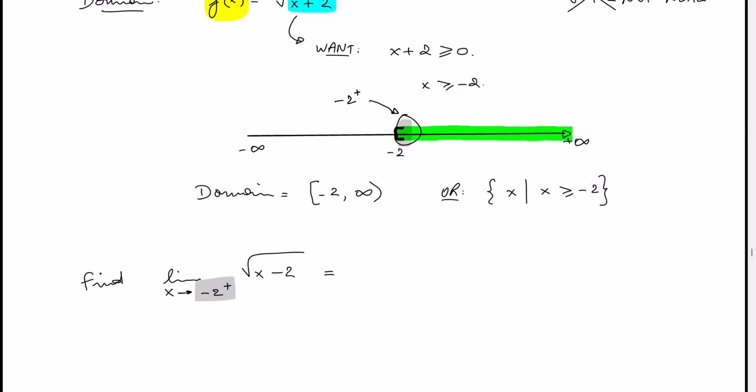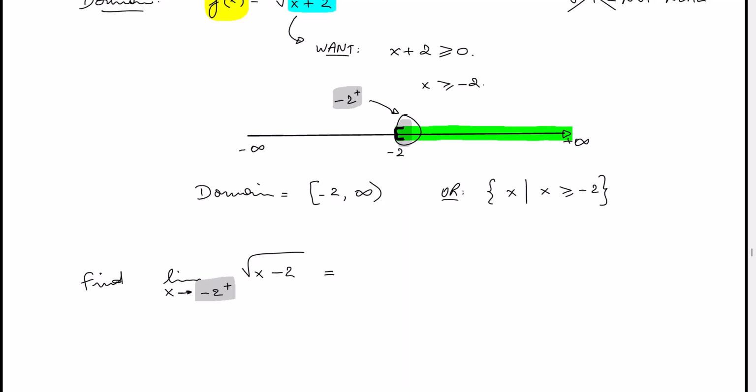These are numbers like negative 1.999 or negative 1.987 or negative 1.90521, whatever. It's not a single value. It's a bunch of numbers that are slightly bigger than negative 2. And so they are in my domain. So therefore, there is an answer to this question, and I have to find it.